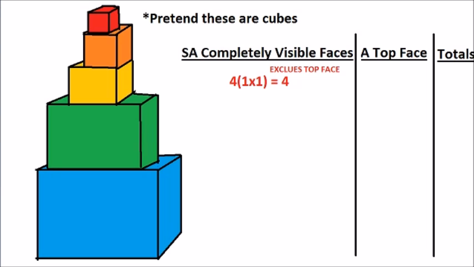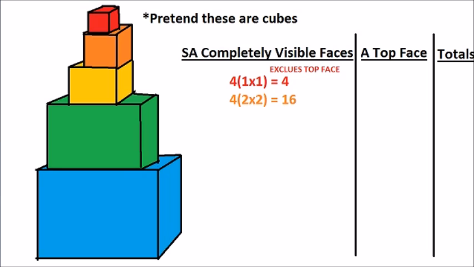And excluding the top face, there are 4 completely visible faces. So when you multiply these, you get 4. Now on to the second cube, which is orange. Each face on this cube measures 2 by 2, and there are 4 completely visible faces. When you multiply these two, you get 16.